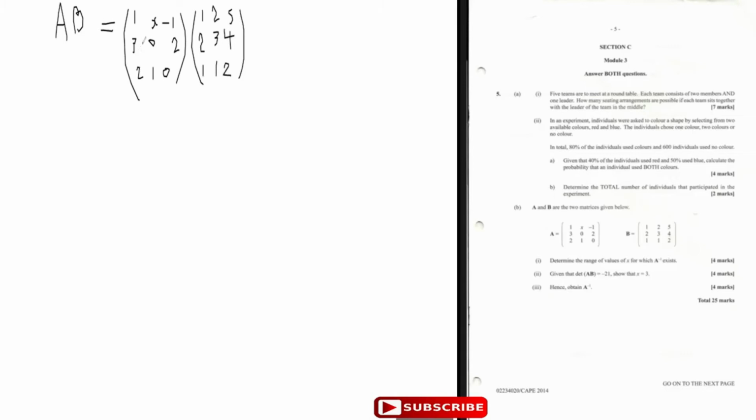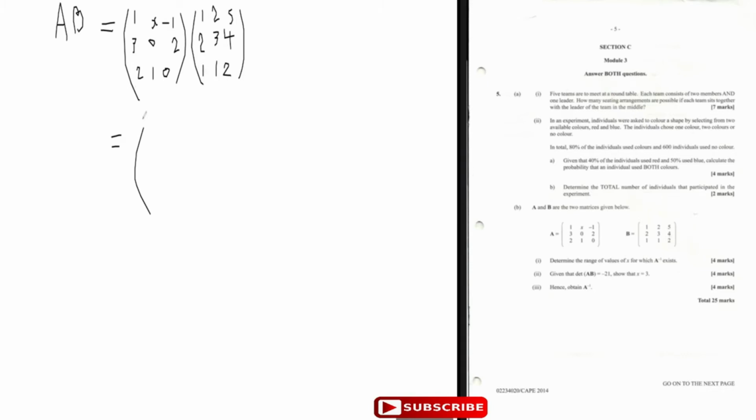So the product of A times B is going to work out to be row times column, row times column. So AB is going to be 1 times 1. So you get 1 times 1, which is 1, plus x times 2, plus minus 1.